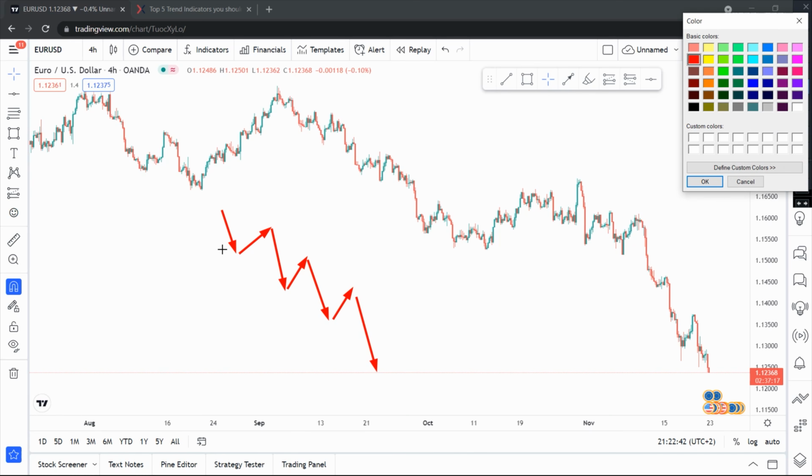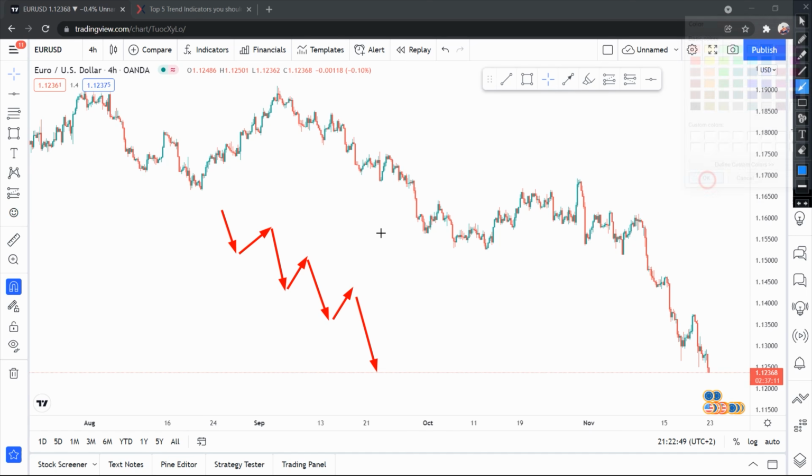So we can mark out these levels, let's use any color here. We are going to mark these levels in here. We have this level here, this level here, and this level here.